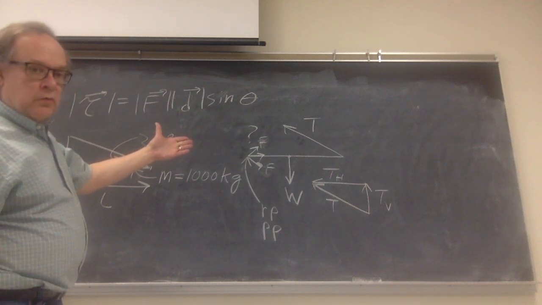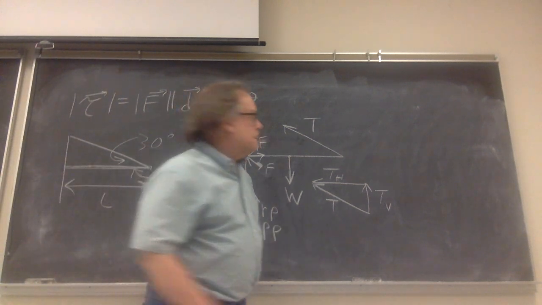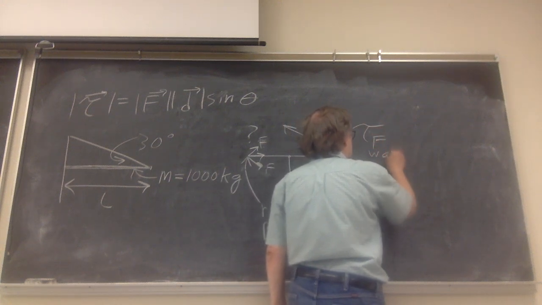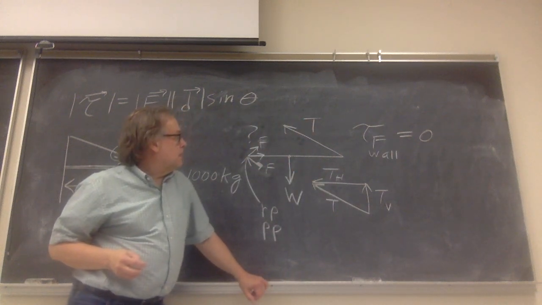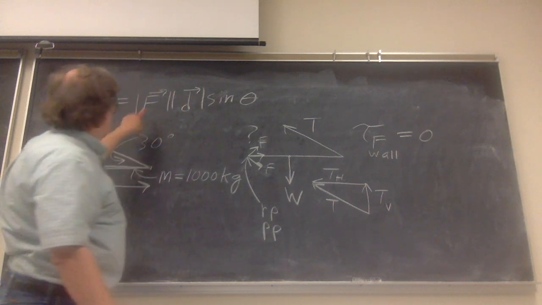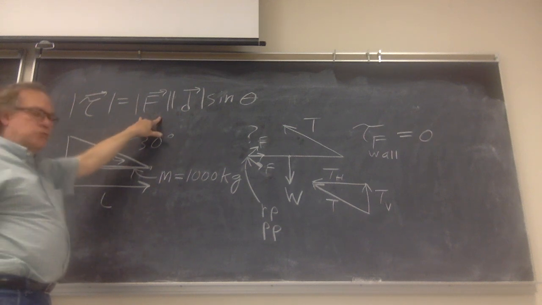Now, figure out what the torques look like for each of these three forces. As I just said, the torque due to the force from the wall must be 0. And then how about torque due to the weight? Well, use the equation here. First term is magnitude of the force.